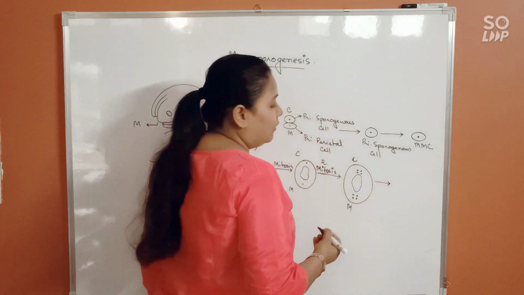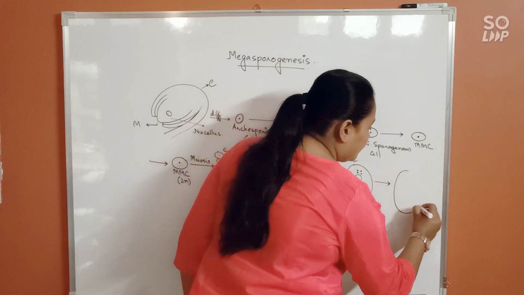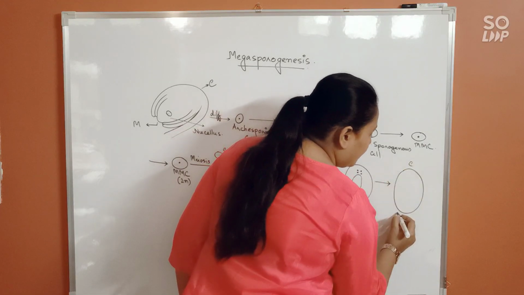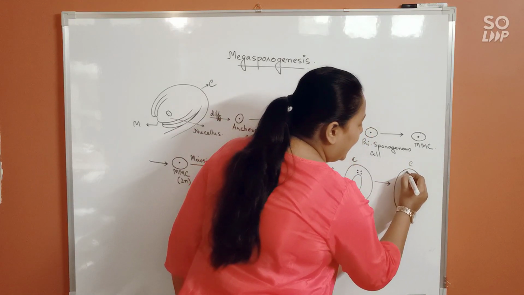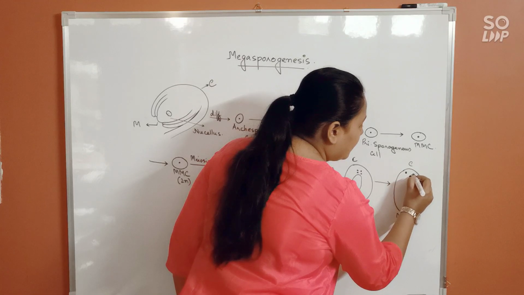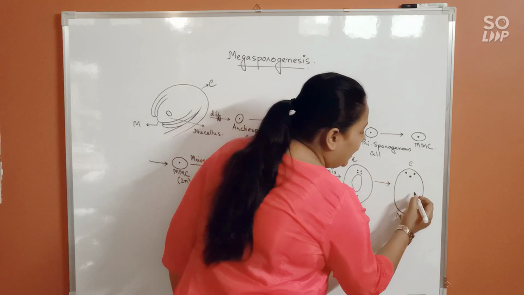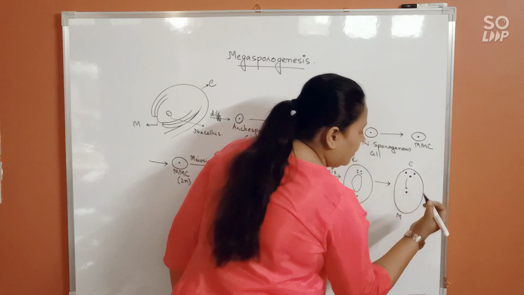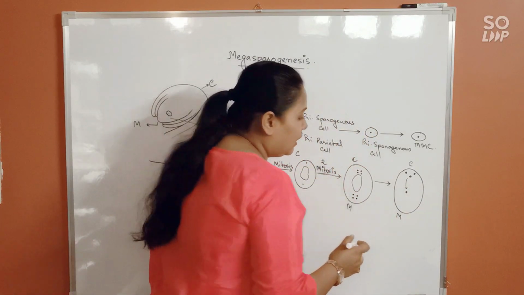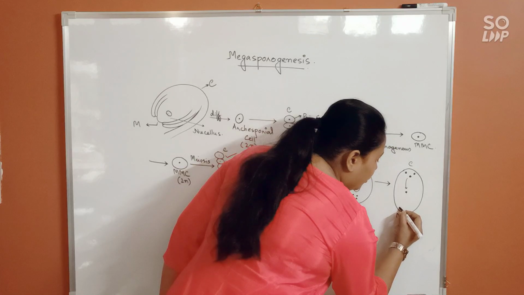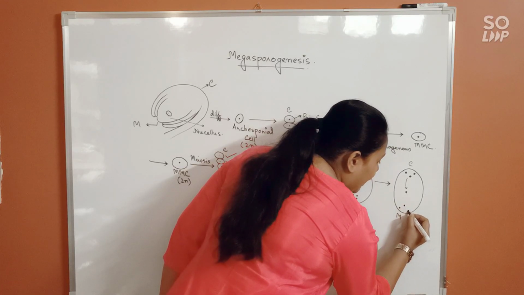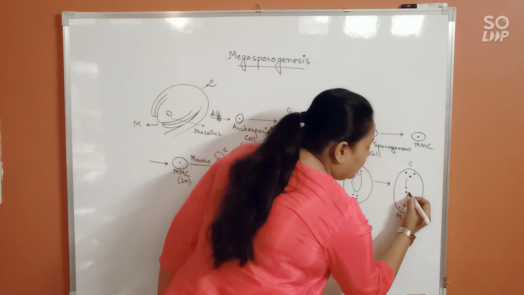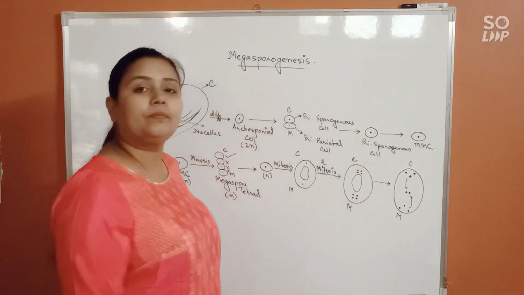Now eventually, one nuclei out of the 4, 1 nuclei from chalazal end will come down at the middle, at the center, and here also from the micropylar end also 1 nuclei will move down at the center.